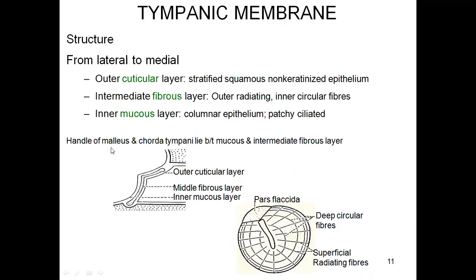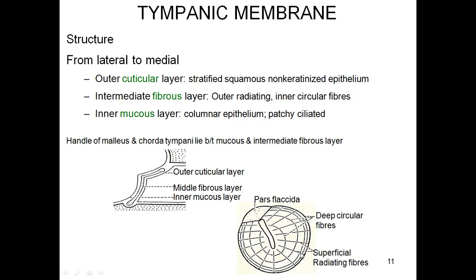Okay. Now coming to the tympanic membrane structure, basically it is made up of three layers. It has an outer layer which is called the cuticular layer, which is made up of stratified squamous non-keratinized epithelium. Then we have the middle layer, which is the intermediate fibrous layer, with outer radiating and inner circular fibers.